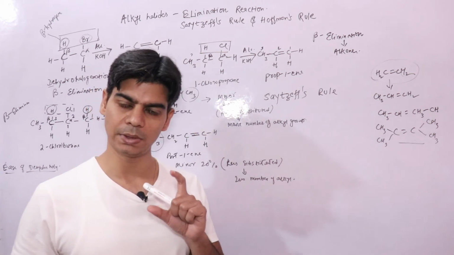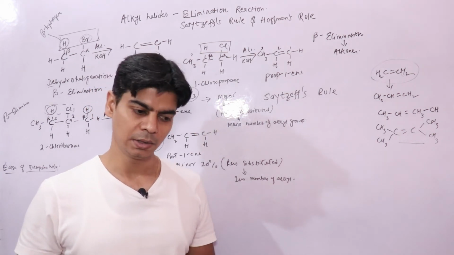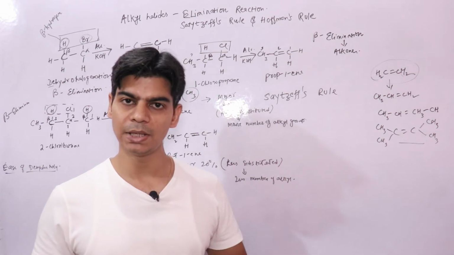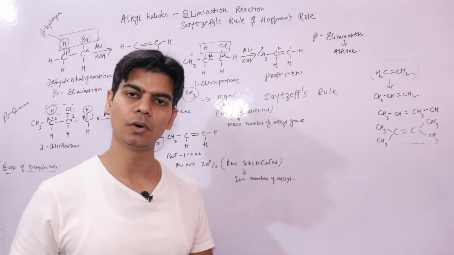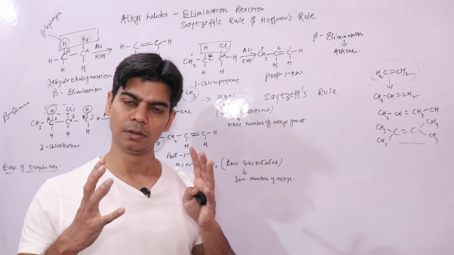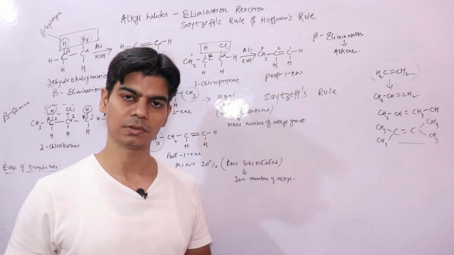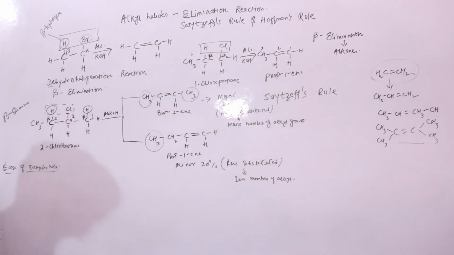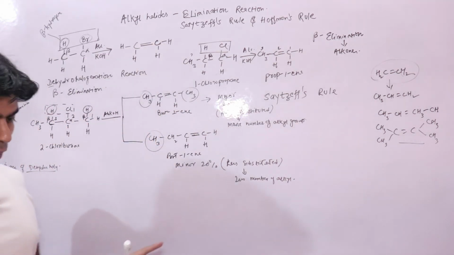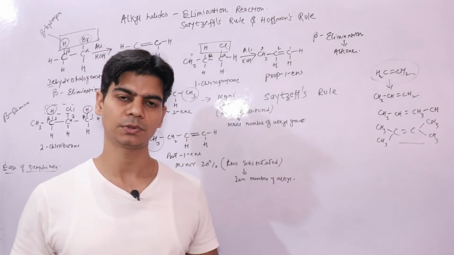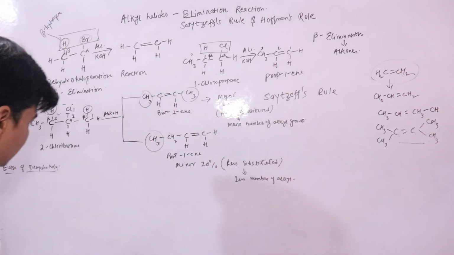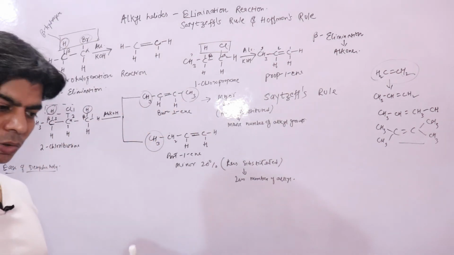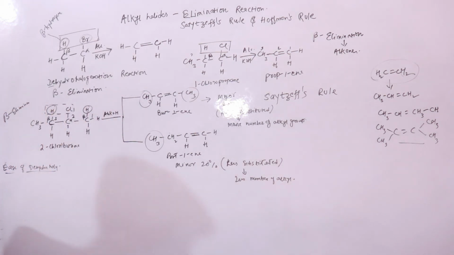So that alkyl halide that will form the more stable alkene would undergo dehydrohalogenation most easily, right? Let's see now what type of alkyl halides will form alkenes. We'll just understand what type of alkyl halides will undergo dehydrohalogenation more easily, right?